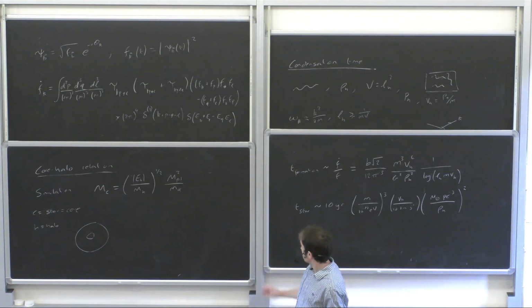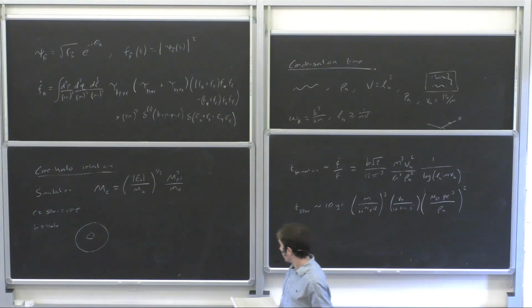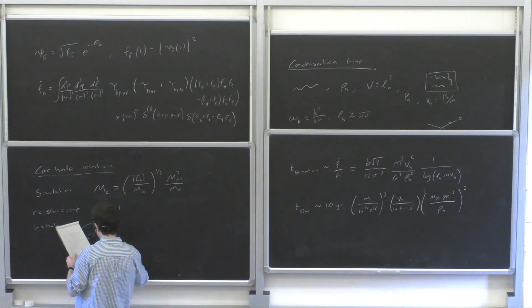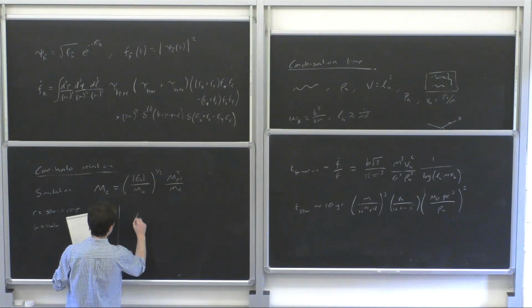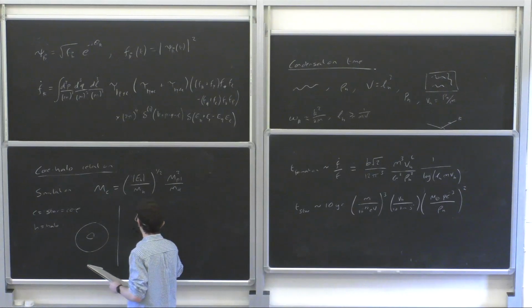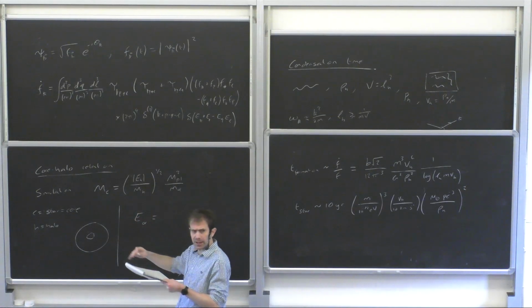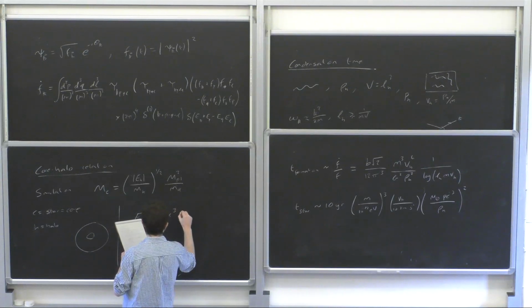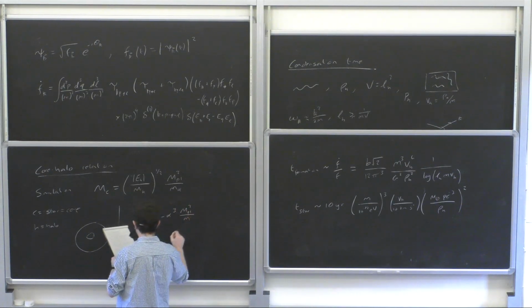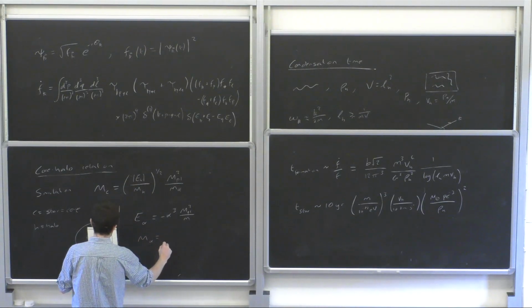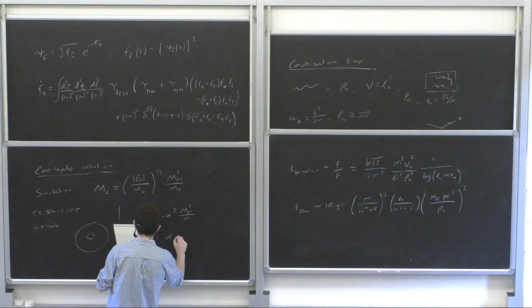We can actually put it into a more useful form that gives a bit more physical understanding by using what I showed you before, the scaling of our basic axion star solution, which tells us that if I start with my basic solution and rescale it by this amount alpha, the energy of the star is given by alpha cubed m Planck squared over m, and the mass of the star is given by alpha.